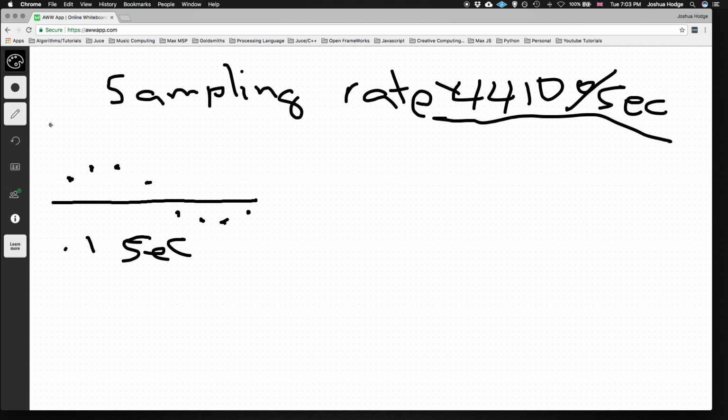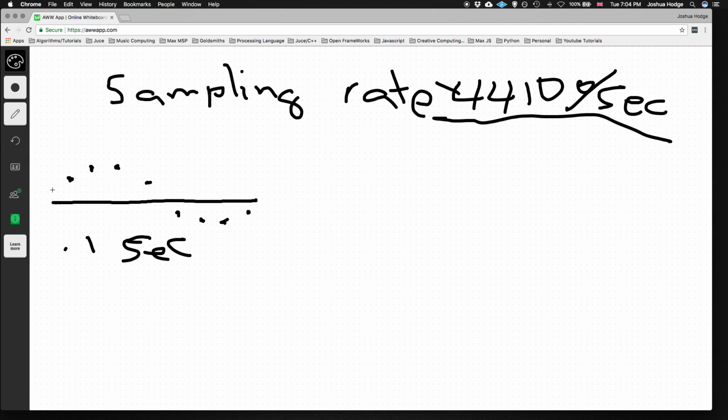Okay? So we could just look at this value, and this would be 0 out of 44,100. Okay, and that second value would be 1 out of 44,100. The third value would be 2 out of 44,100. Okay, and so that's all that's saying. Let me just erase that.